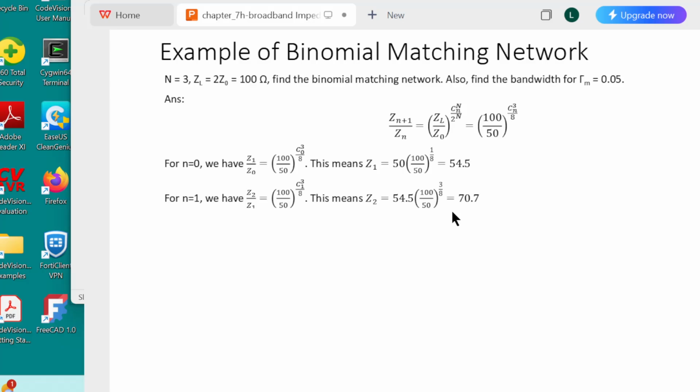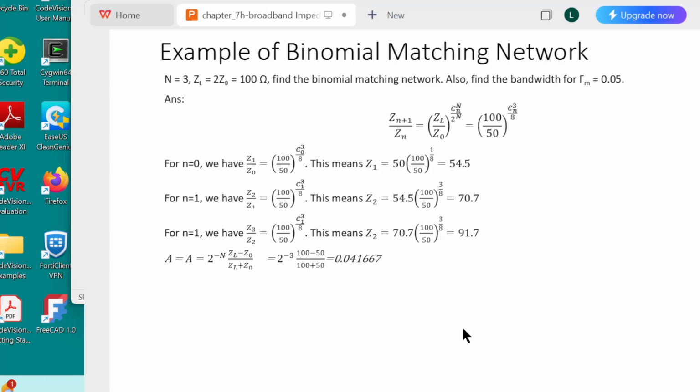And when n is 2, you can calculate this. The final value is 70.7. So when n is 2, I got it wrong here. When n is 2, we got this.